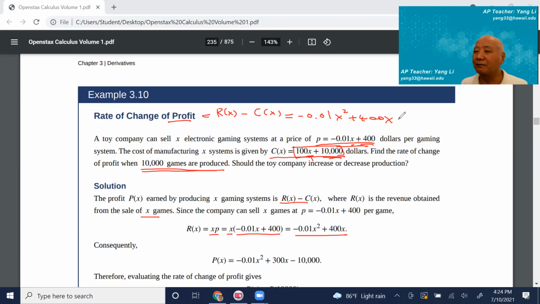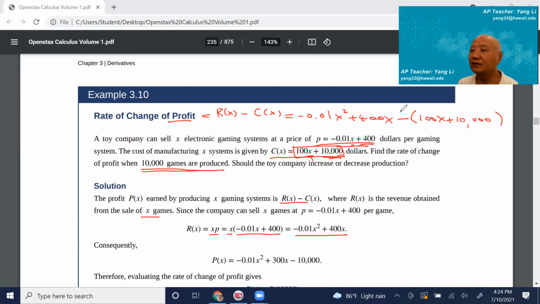And then we're going to minus the cost. The cost here is 100x plus 10,000, okay? Be careful, you need to use parentheses here, because we have to follow the order of operations.